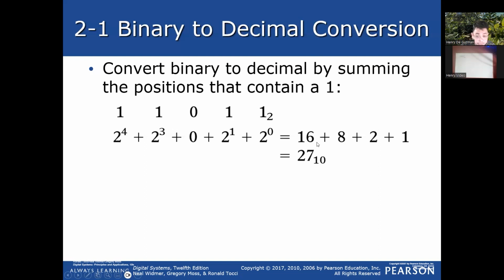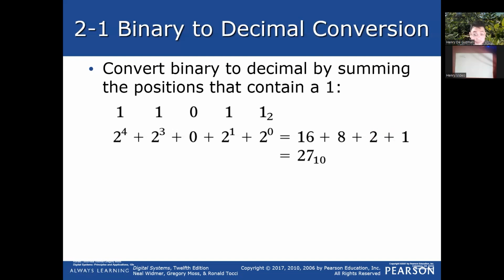So 2 to the 4 is 16. Then 2 to the 3 is 8. 2 to the 1 is 2. And 2 to the 0, any number raised to 0, is 1. Then you add them and you have the decimal. So 11011 base 2 is 27 base 10. 16 plus 8 is 24, plus 2 is 26, plus 1 is 27.